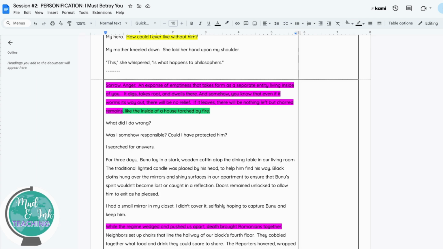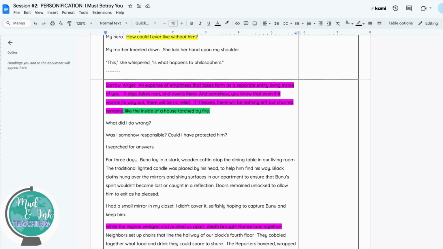No, the personification puts life into the emotions he's feeling. Sorrow and anger aren't just something that you describe. They dig and take root and they dwell. They are part of the human experience in this grief. And that grief and sorrow and anger are alive in him and taking up space.